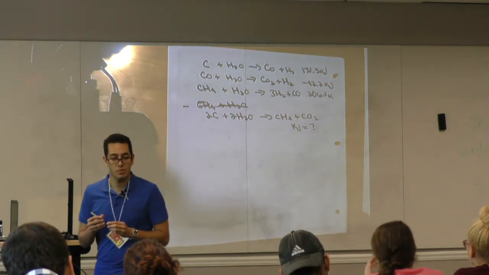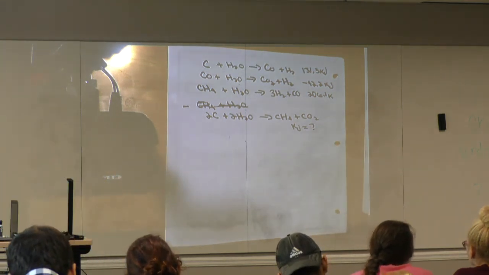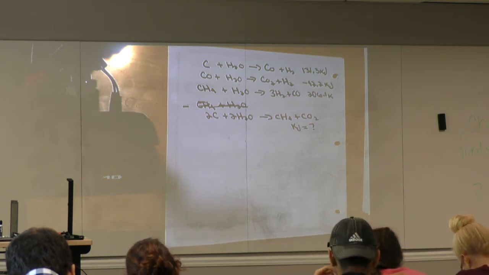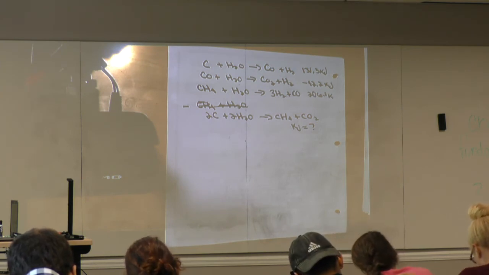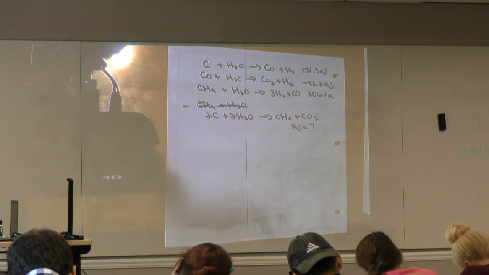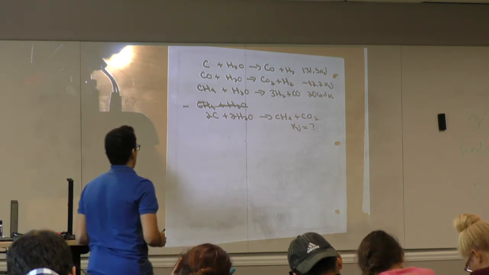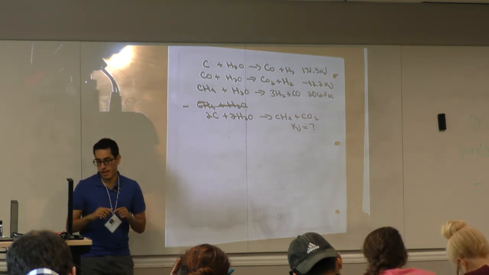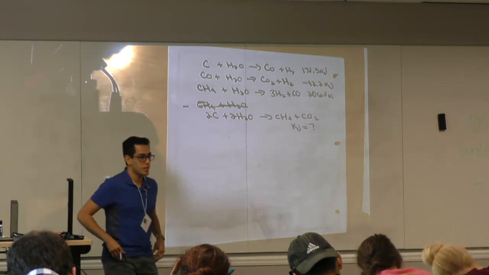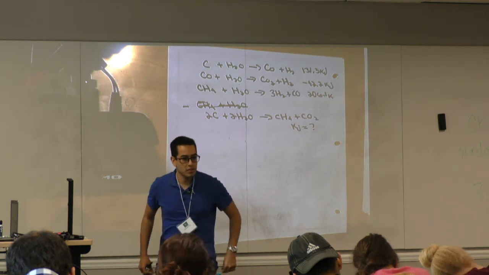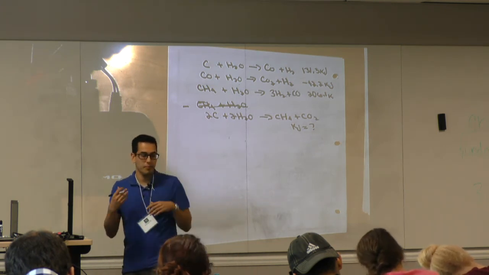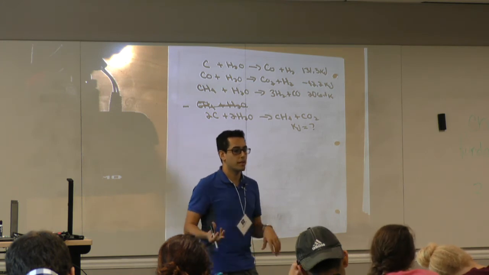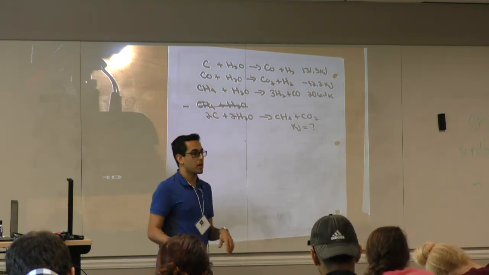I'm just going to grab a new marker real quick. So essentially what we have to do for this problem is manipulate the formulas so they give us that formula at the bottom, 2C plus 2H2O creates CH4 plus CO2. I always like to start with getting the compounds to where they need to be, whether the right or the left, and then I worry about the numbers afterwards.